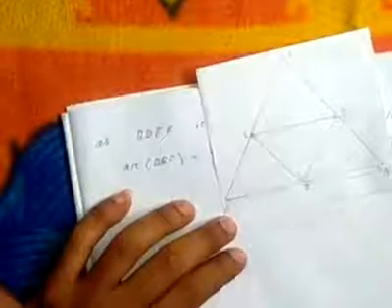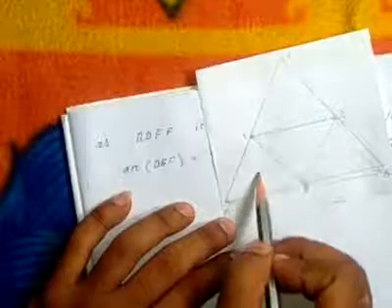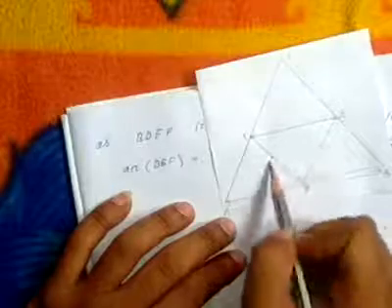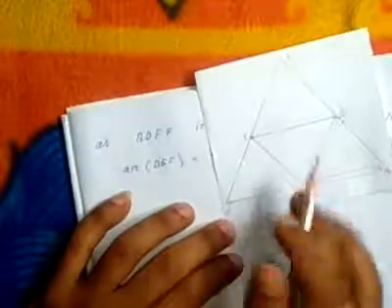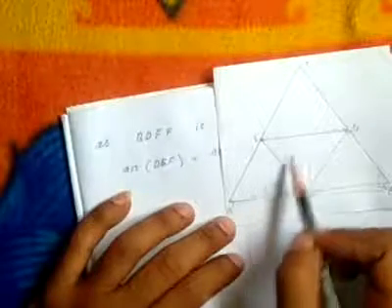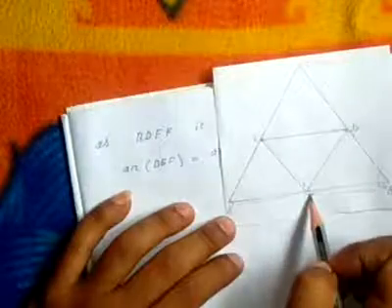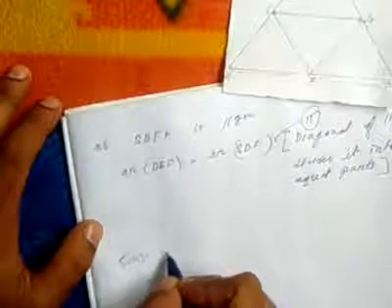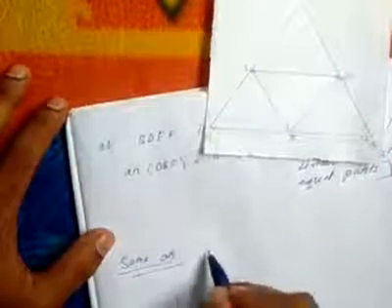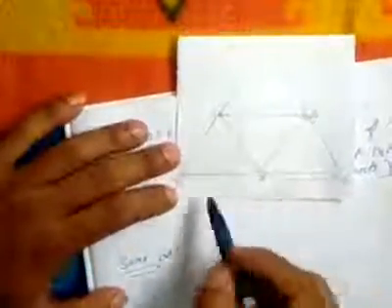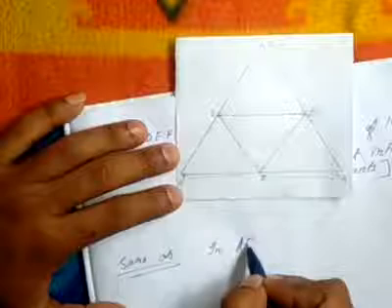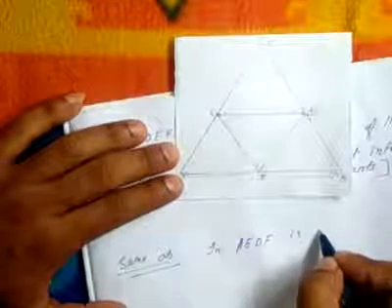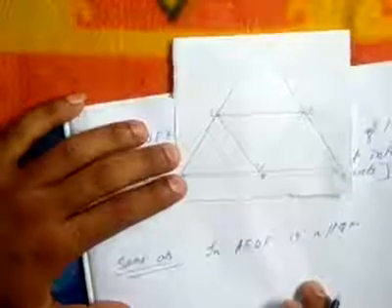The same part we already proved is a parallelogram, so we need not prove it again. We will directly write that DEAF, or AFDE, will be the parallelogram. So in AEDF, AEDF is a parallelogram.